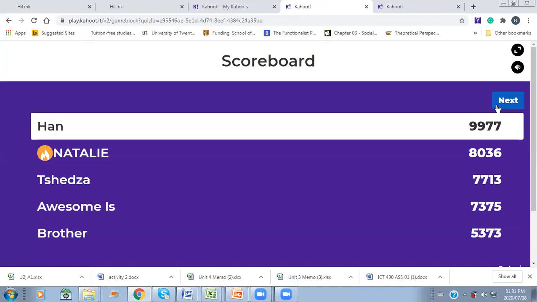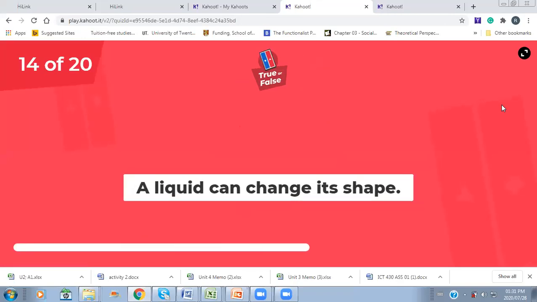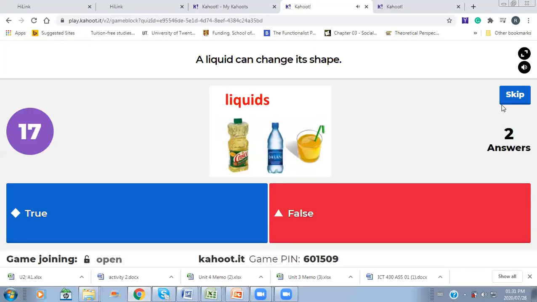Yes, Natalie has got a streak, meaning she's answered some questions consecutively, correct questions for 2 or more. Let's go to question 14. A liquid can change its state.